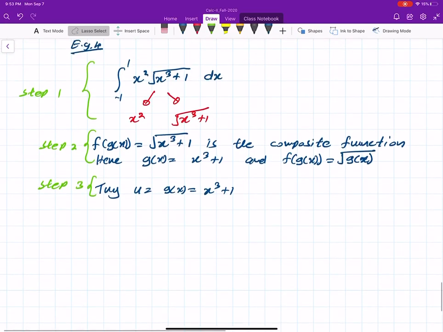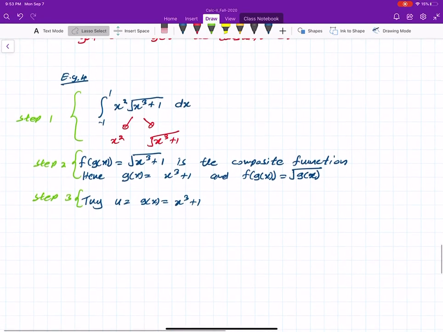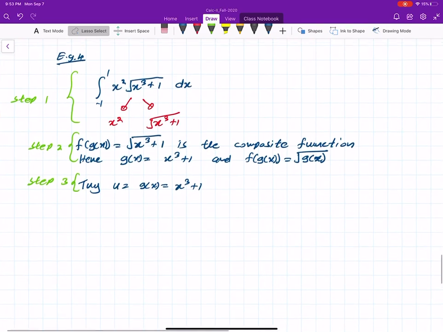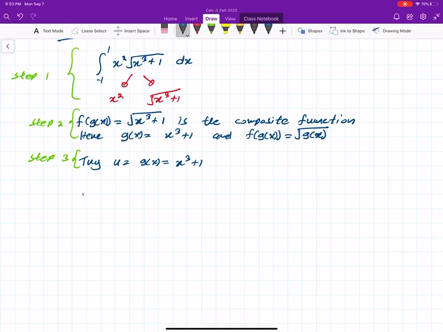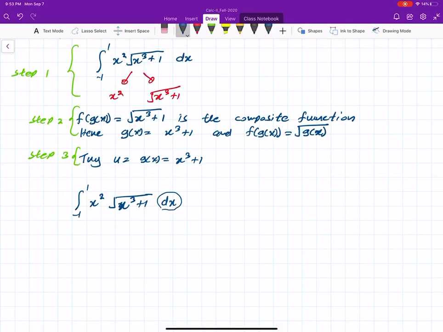All right, since you know u, now everything is so easy. Go forward and let me rewrite the given problem, which is the integration from -1 to 1 of x to the power 2 times the square root of x to the power 3 plus 1, dx. Okay, you have to find dx here. For that you have to differentiate u.